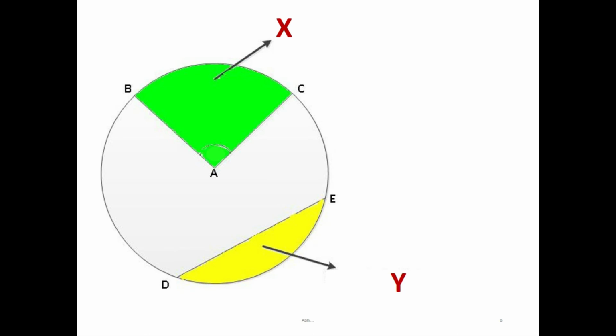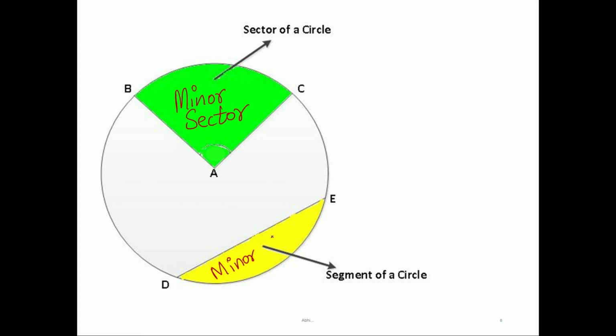So the region X here is a sector of a circle, while the region Y is the segment of a circle. I hope this picture clearly explains the difference between a sector and a segment. You can call this green region a minor sector, and the remaining being the major. This yellow region is a minor segment.